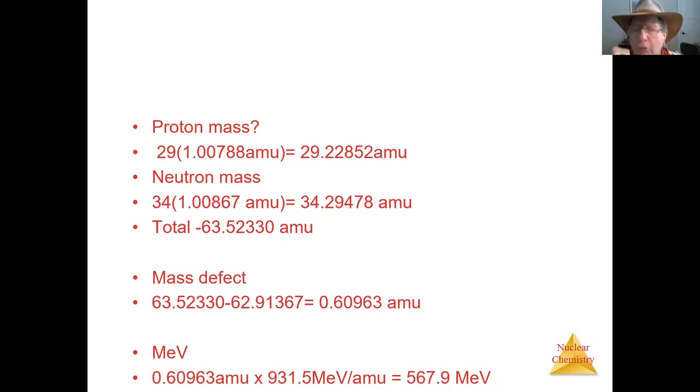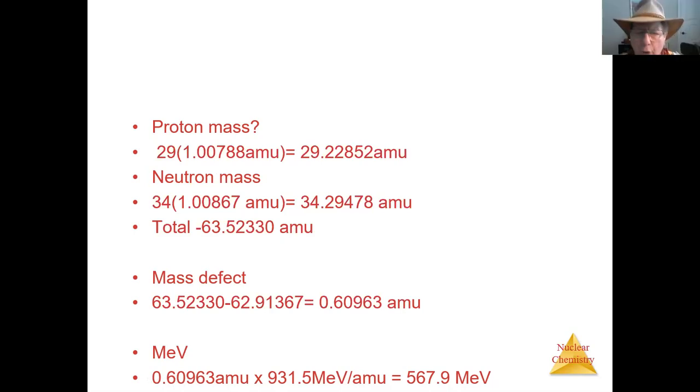I'm going to subtract out the weight of copper 63. That gives me a mass defect of 0.60963. I could solve the problem by converting this to kilograms and then multiplying kilograms by the speed of light squared. That would give me joules, and I can convert joules to MeVs that way.